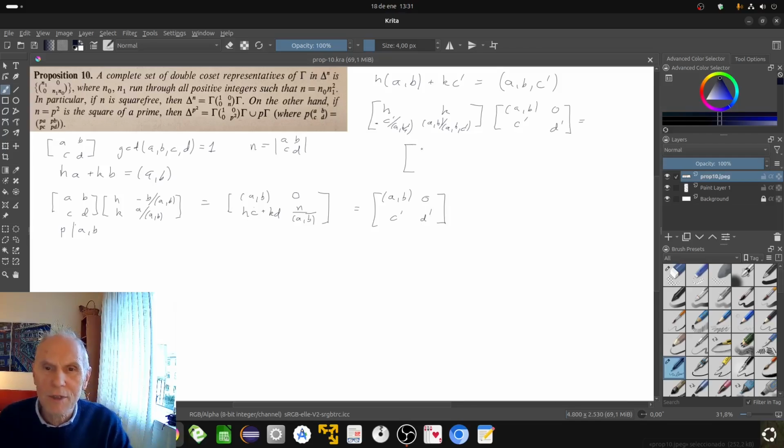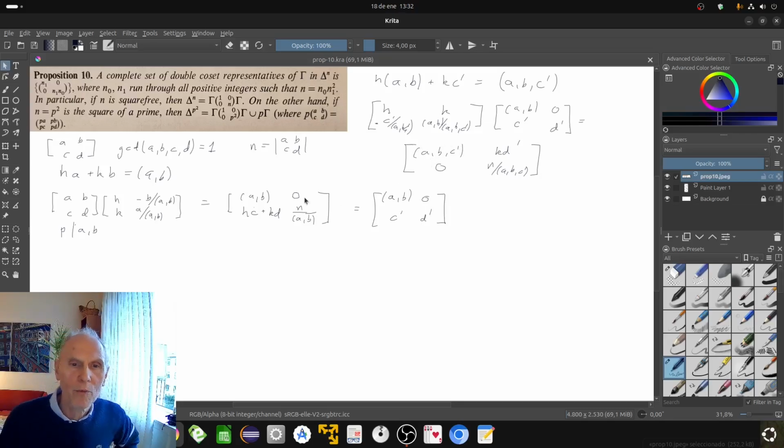H times this gives the common divisor. K d mark. A, B, C marks, and they cancel, so now we get a naught here. And then of course we must get n divided by the common divisor. So you see now that we have actually managed to remove p from this number.